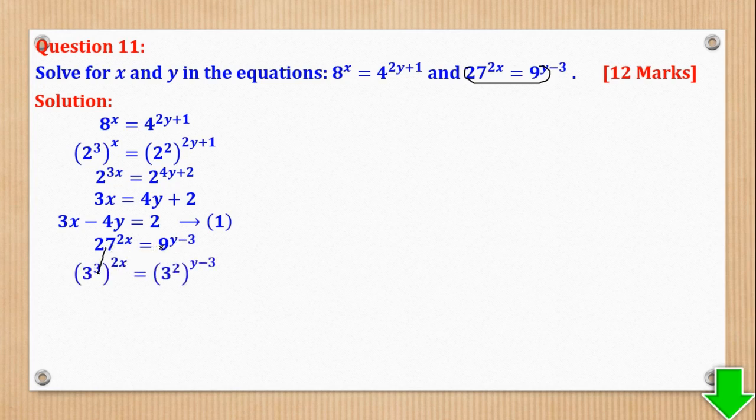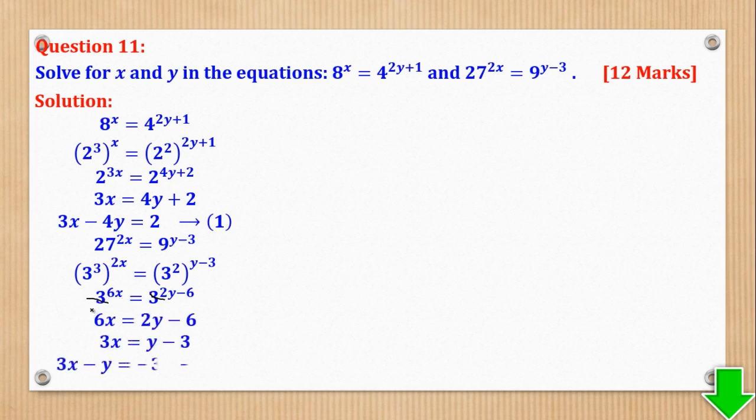So express 27 and 9 as powers. Then still the same, this 2 multiplies y and 3 to give you that, and this 3 multiplies 2x to give you 6x. Same base, you can eliminate them and remain with only the powers, which gives you a second equation.